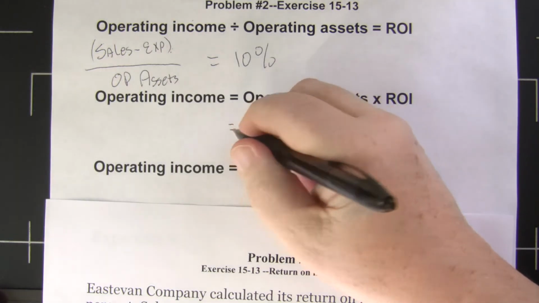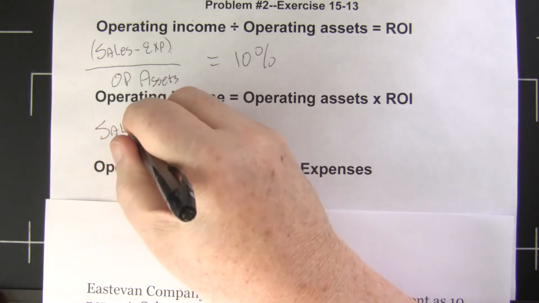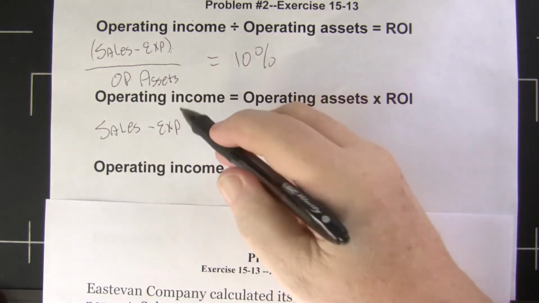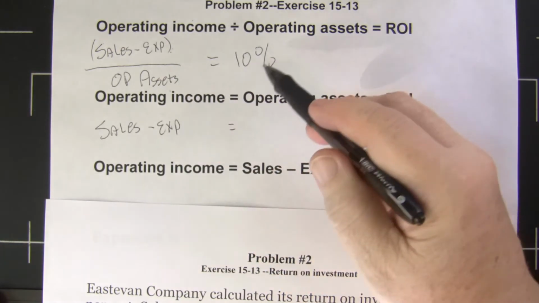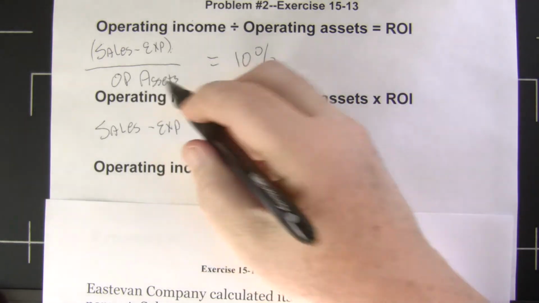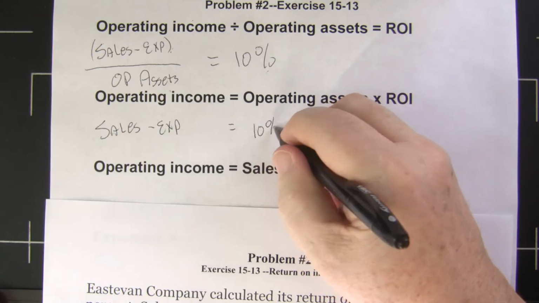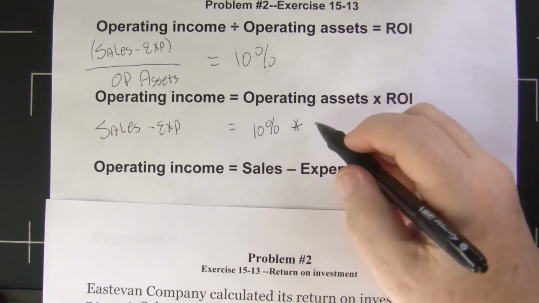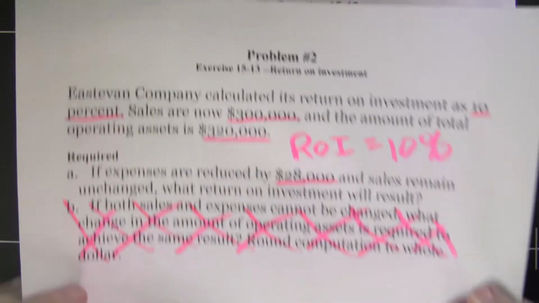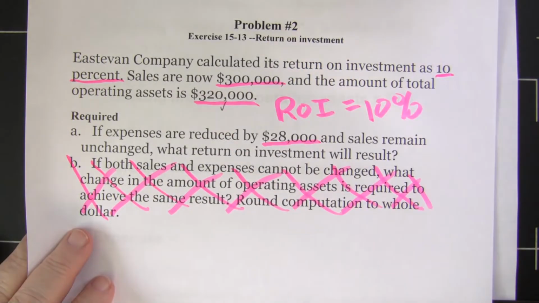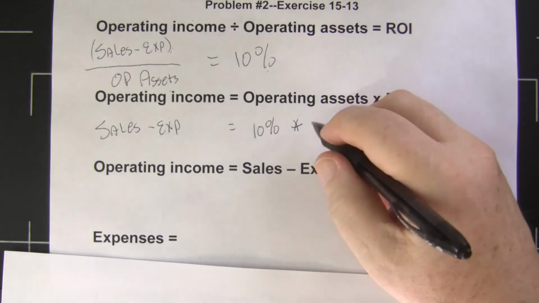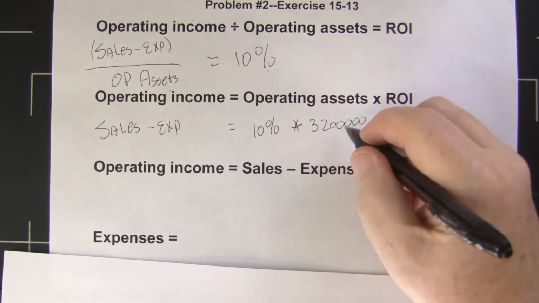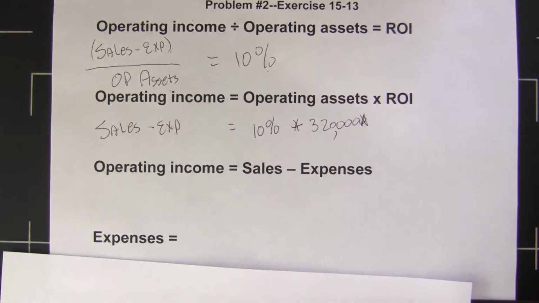Now, continuing down, we have sales minus expense. We're going to multiply both sides by operating assets to get rid of it. So we're going to say 10% times operating assets, and they give us the operating assets of $320,000, which I cleverly wrote wrong.